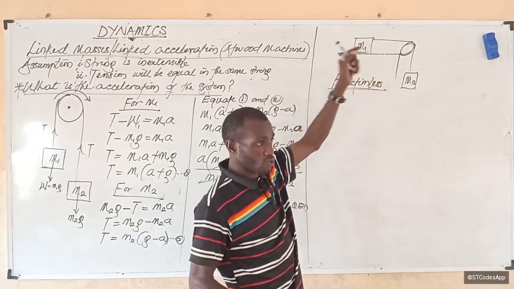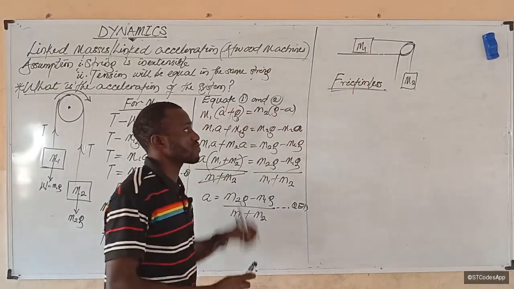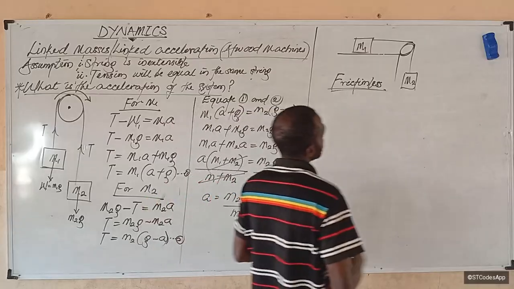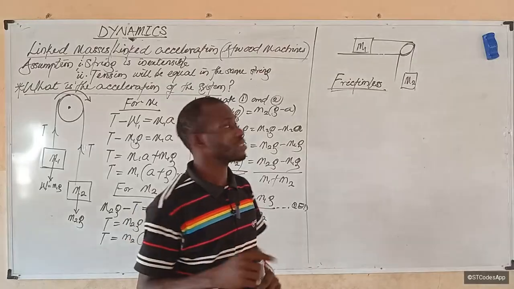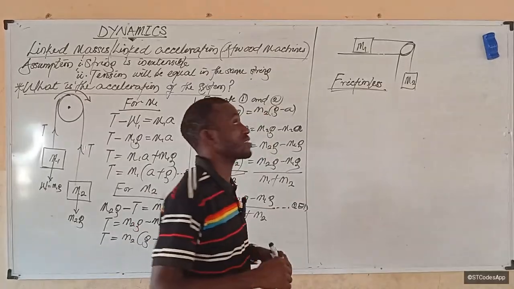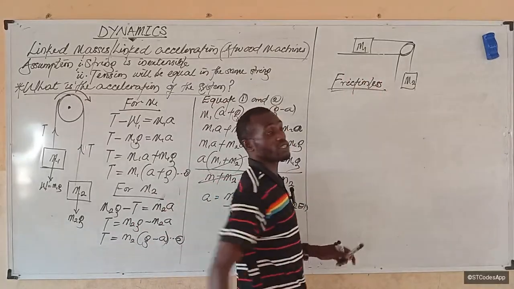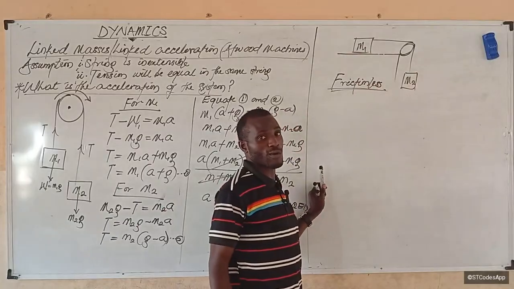But we also do a surface that is rough. So if the surface is frictionless, and the assumption here too, listen, if M1 is greater than M2, where will the system move? Let me ask you first. If this one is greater than this, where will the system move? Will it move in this direction? No, it will not move at all.